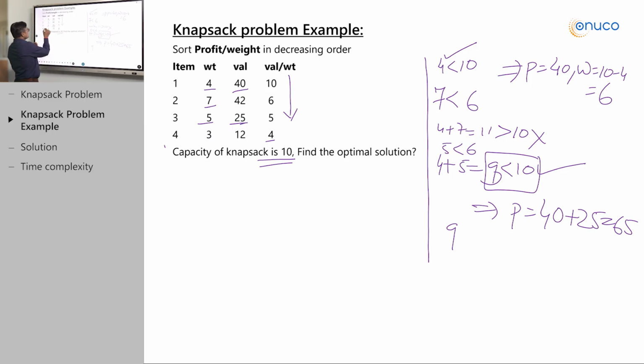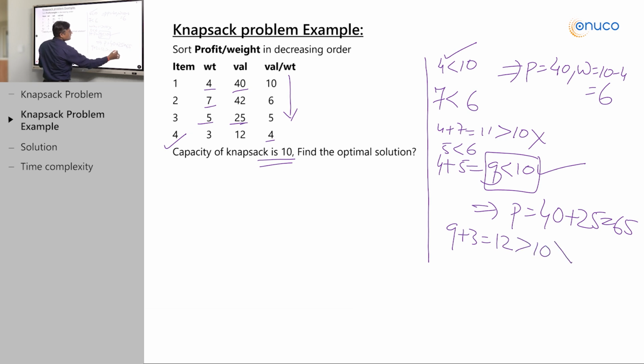If you are selecting this 4th item, 9 plus 3 is 12. 12 is greater than 10, hence it does not fit. So, as per dynamic programming, when you are selecting the whole items, what is the profit here? 65. Right? And what items have you selected for the knapsack? Item 1 and item 3 you have selected.